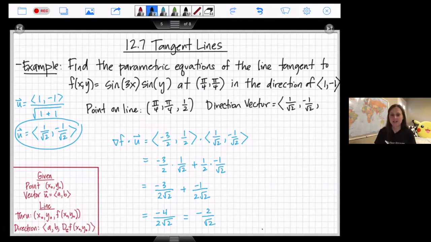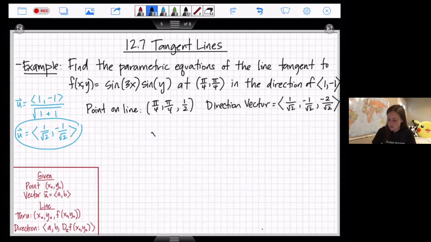So I'm just going to leave that as -2/√2, and I'm going to take that up to my direction vector as the z component, -2 divided by the square root of 2. Now I have the point on the line and the direction vector. Let's write the parametric equation. Parametric equations go x equals, y equals, z equals. The point is the constant parts of the parametric equation, so I'm going to take the x coordinate, the y coordinate, and the z coordinate of the point.